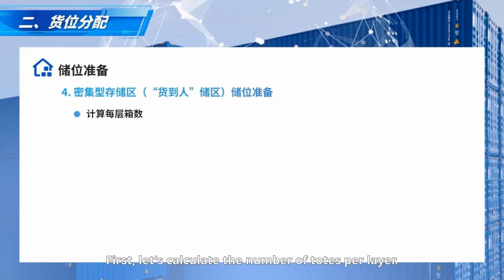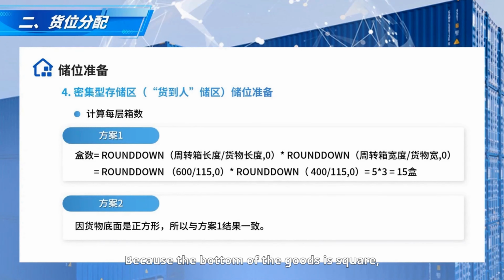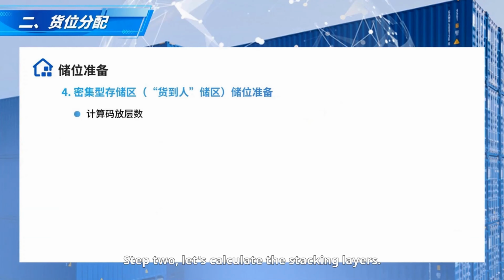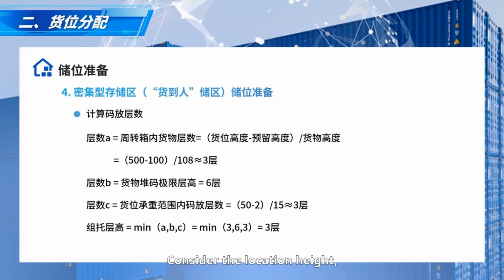First, let's calculate the number of totes per layer. Because the bottom of the goods is square, regardless of placement, Plan A and Plan B give the same result. So, there are 15 totes per layer. Step 2. Let's calculate the stacking layers. Consider the location height, max stack height, and weight limit. Take the minimum stacking layers from these 3 conditions.